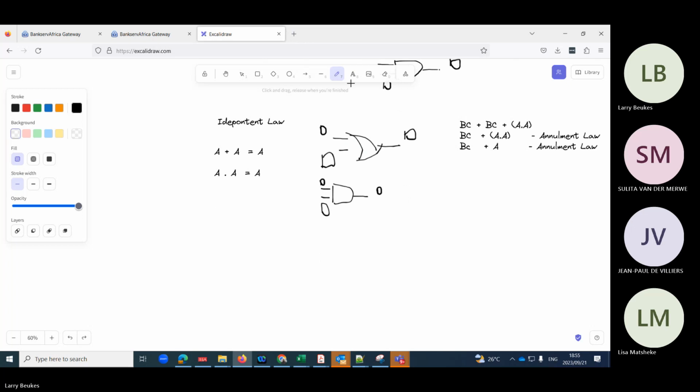So if you have 2(x plus y), multiplying out to 2x plus 2y, you are basically using distributive law, right?